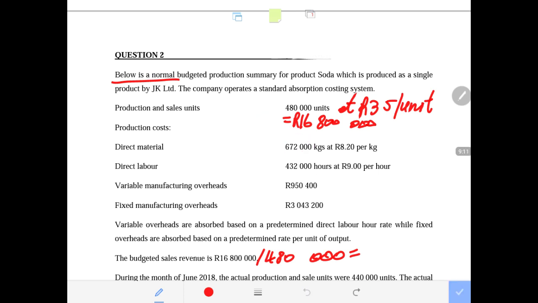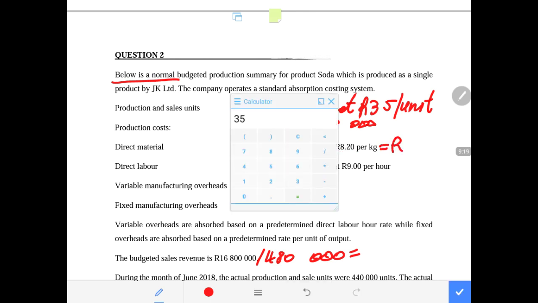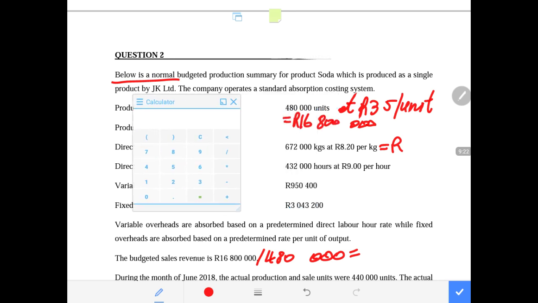The cost of each kg is 8 rand 20 cents, so we can get to the total cost of material: 672,000 kgs multiplied by 8 rand 20 cents per kg, which gives a total of 5,510,400. 5,510,400 is our estimated total cost of material that we expect to spend in order to manufacture the 480,000 units.